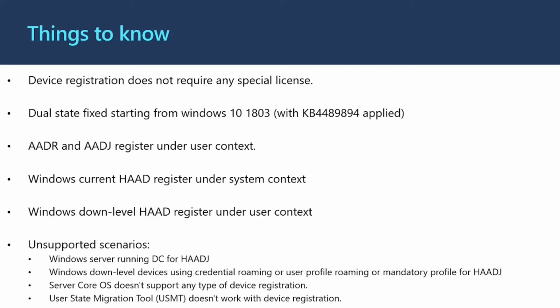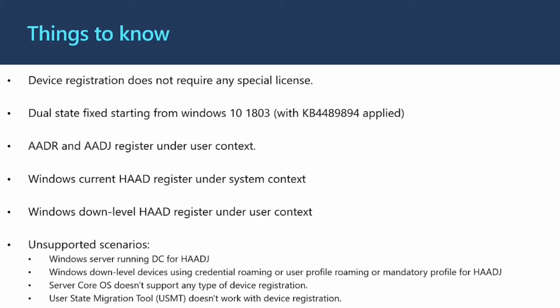For Windows down level hybrid Azure AD Join devices like Windows 7, Windows 8.1, those devices are registered under user context, which means the user himself needs to perform this registration.